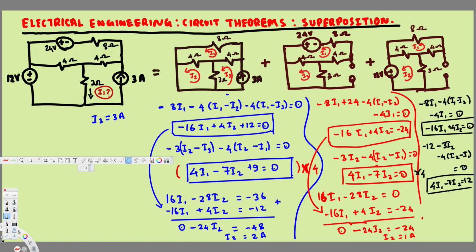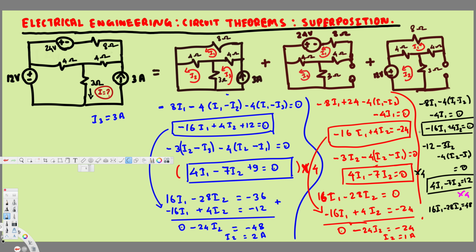Now here again you can see that here we have negative 16 I1, 4 I1, so if I multiply this equation by 4, I can get 16 I1, so I can add them with this one and cancel each other, right? Let's multiply by 4, that's going to be 16 I1, negative 7 times 4, negative 28 I2, and here we have 12 times 4, that's going to be 48.